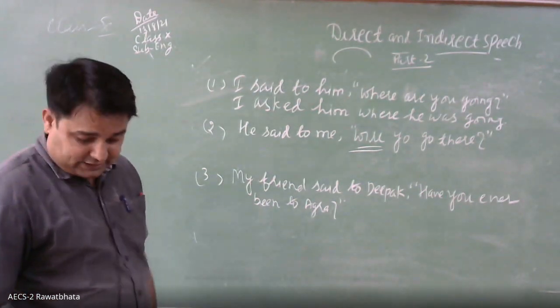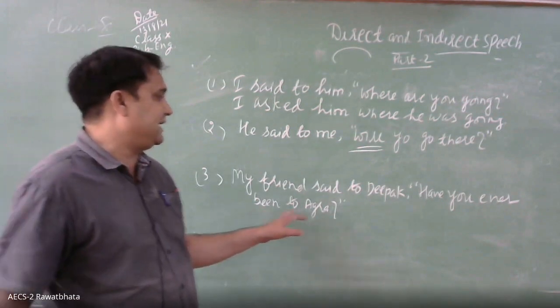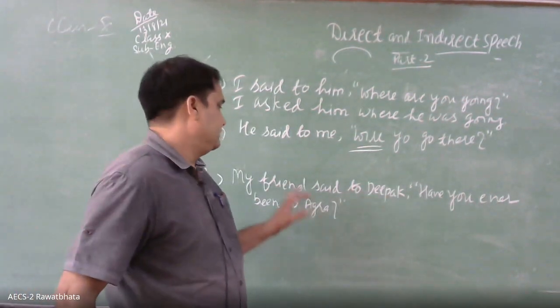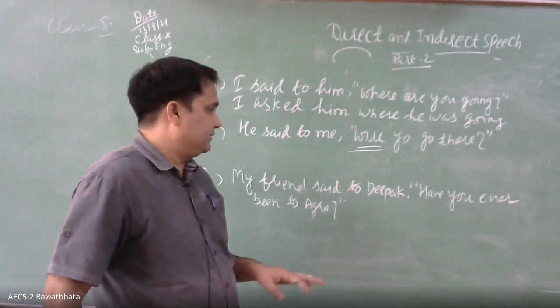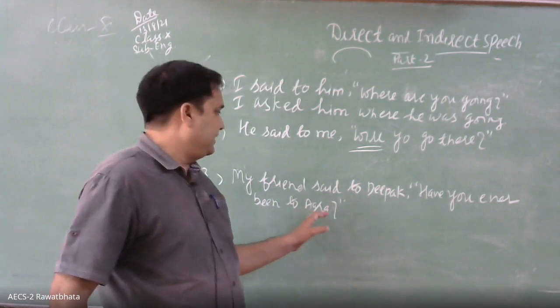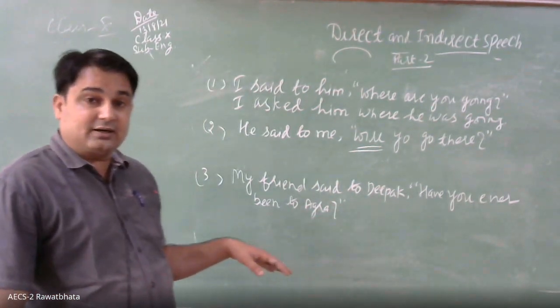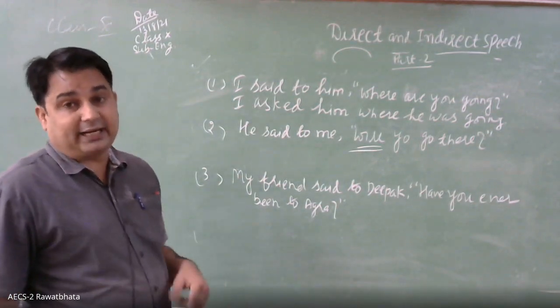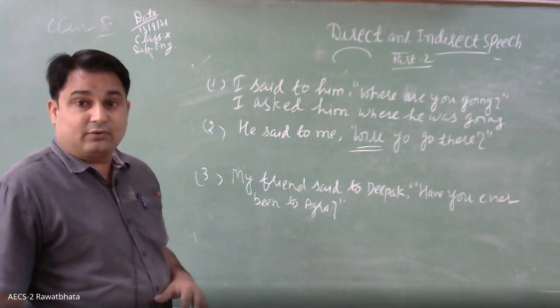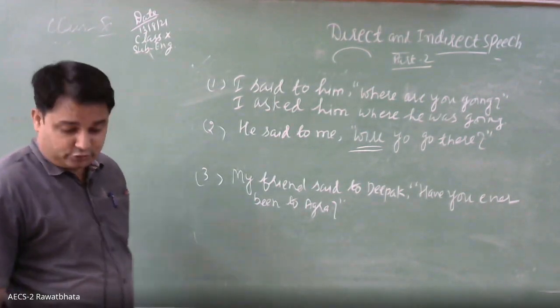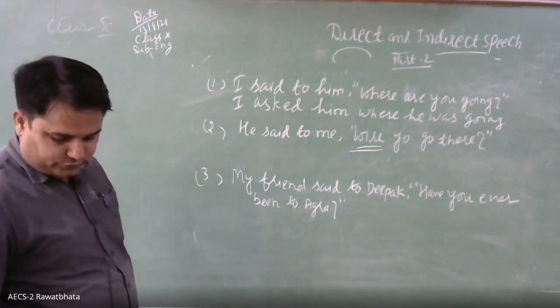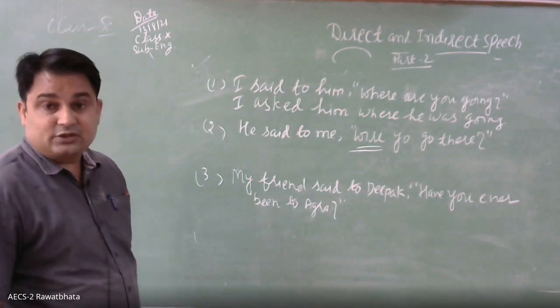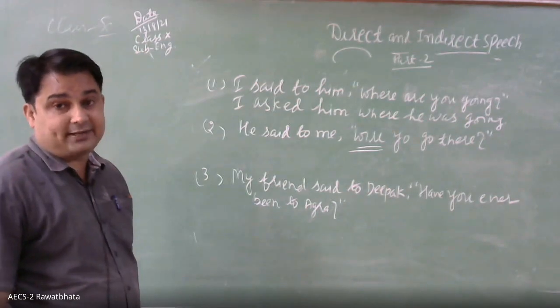Okay. Then children do the next. My friend said to Deepak, have you ever been to Agra? And Deepak will say, yes, I had been to Agra. Or either Deepak will say, no, I had not been to Agra. Okay. Sir, can I tell? Yes, tell.